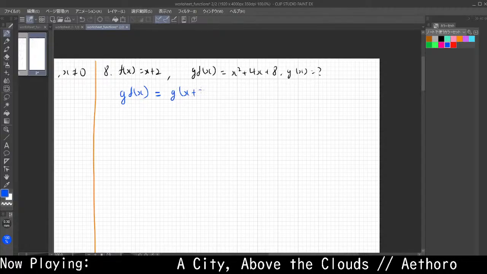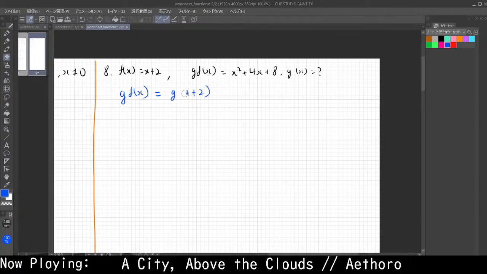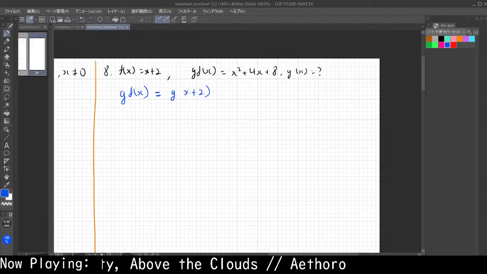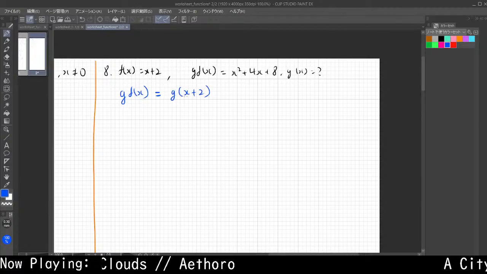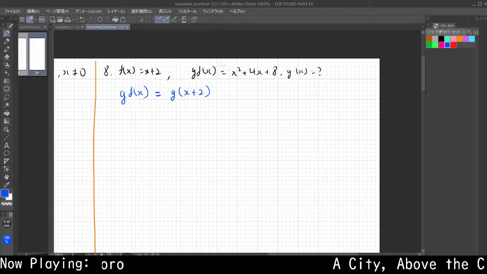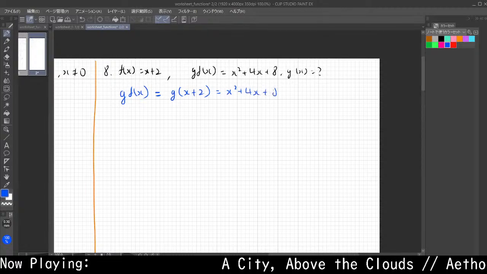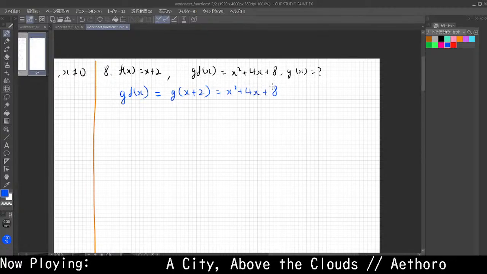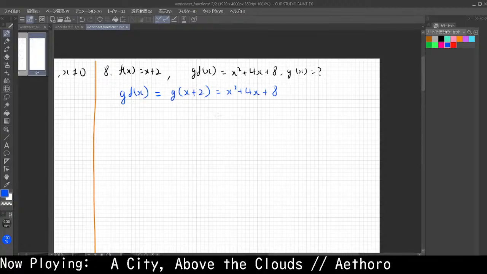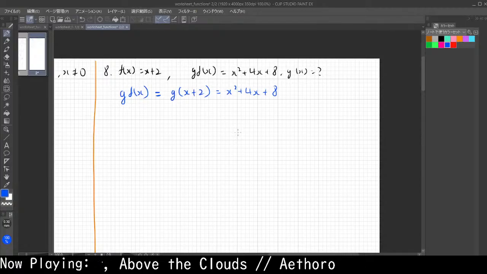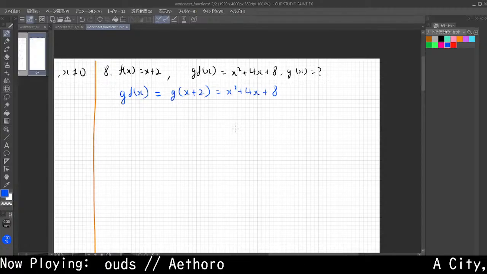So g(x plus 2) is g(f), which is equal to x squared plus 4x plus 8 as given by the question. So to find g(x), we now know what g(x plus 2) is. We want to find g(x), but we only have g(x plus 2).